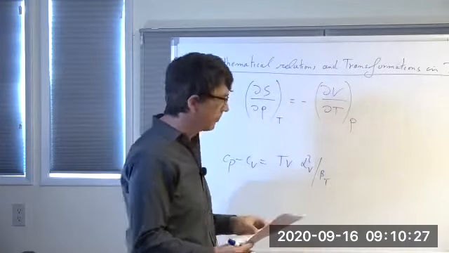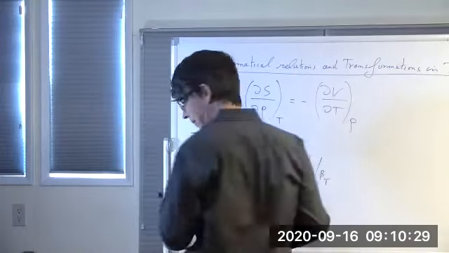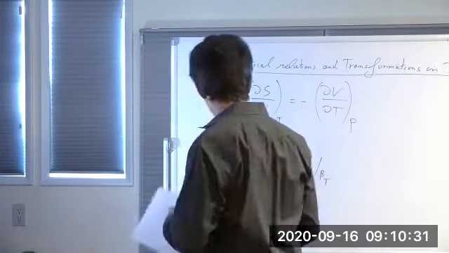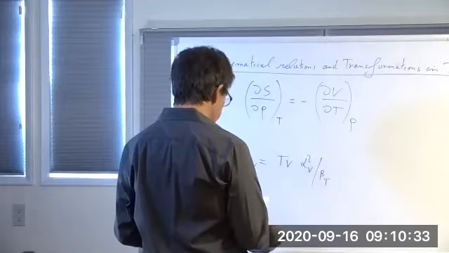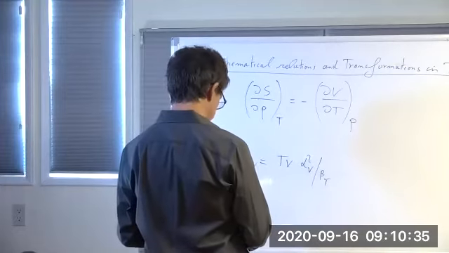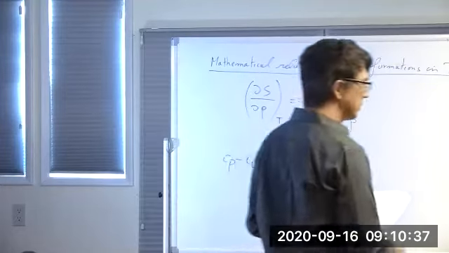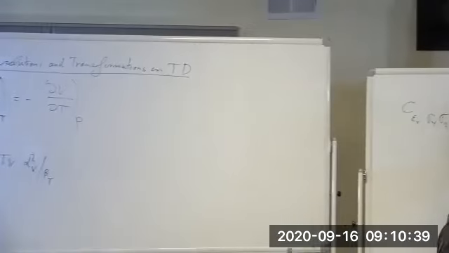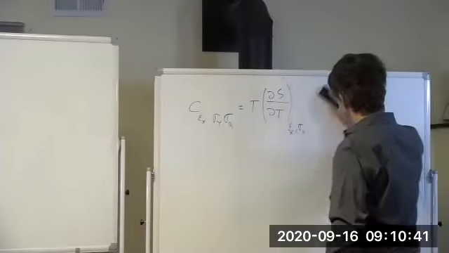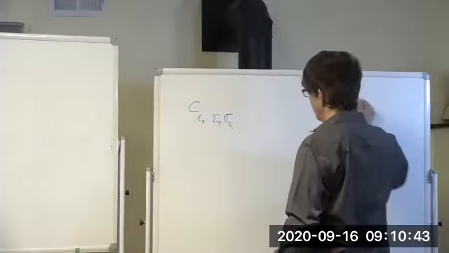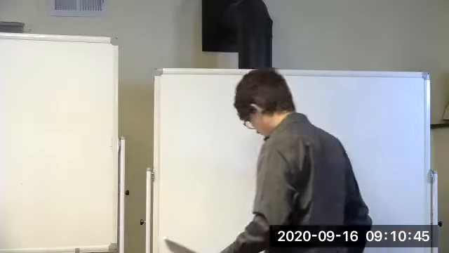Okay, let's do this. How can we prove all this? So I'm going to walk you through a set of useful mathematical relations. And then probably next lecture, we'll try to do some cutesy problems with it.